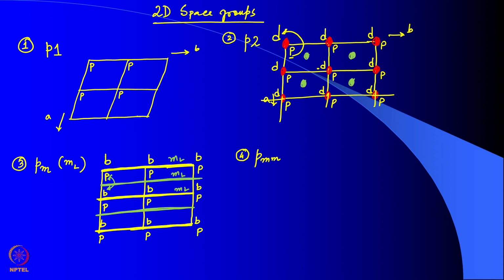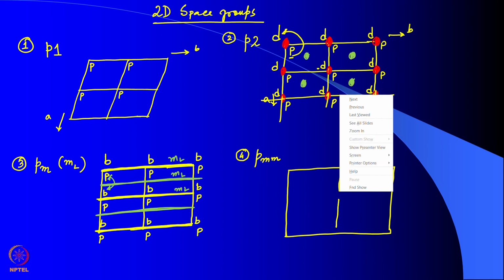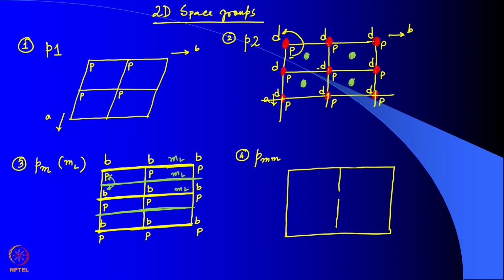So when you try to draw such a unit cell, we need to apply both the mirrors one after another. So I am drawing it slightly bigger so that we can easily have these mirrors displayed inside the unit cell. So I am taking for simplicity the same letter P and drawing the corresponding translation related objects.